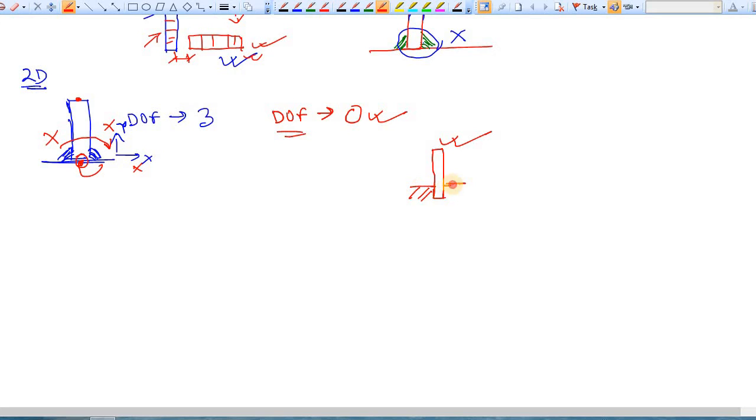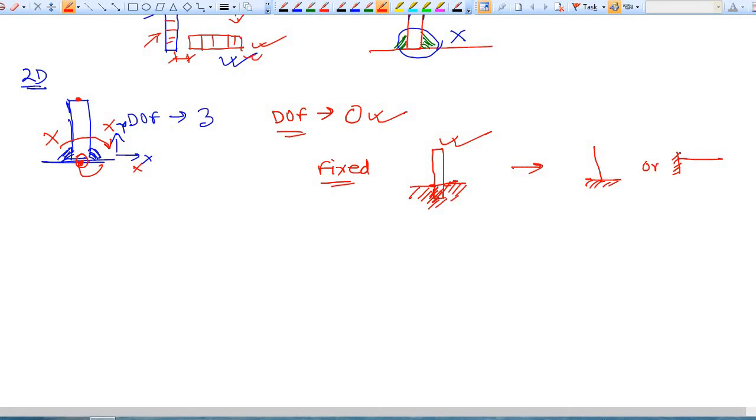Again I am repeating, we simply fix it, maybe by complete monolithic casting, or by providing a fixed joint, or moment connection. Here it is represented by the symbol, either this or this. This is known as a fixed support.